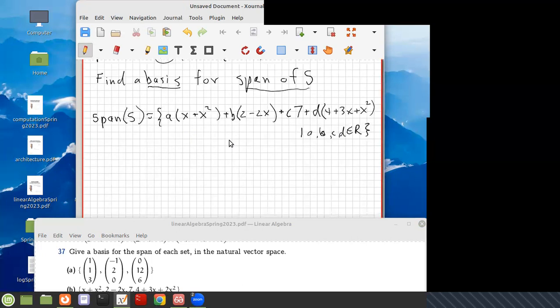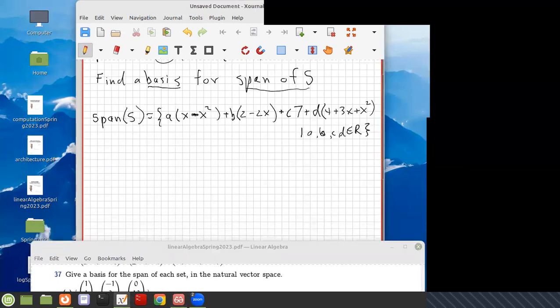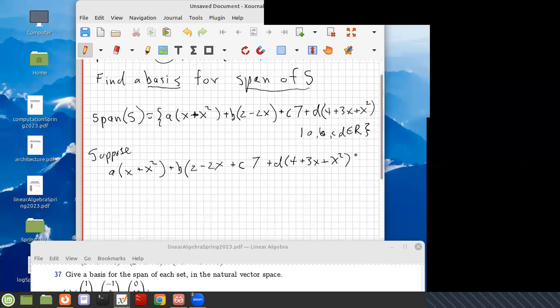So we can check right away by supposing that A times x plus x squared plus B times 2 minus 2x plus C times 7 plus D times 4 plus 3x plus x squared, such that, no, what am I doing?